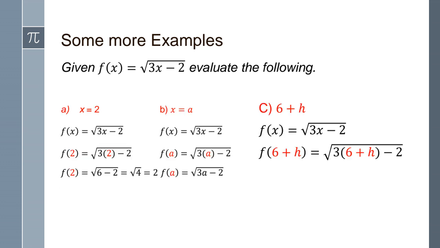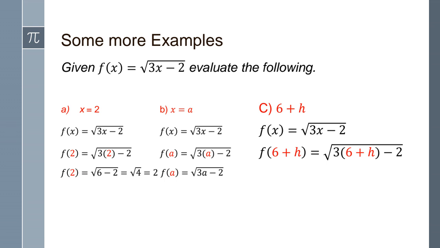The last one wants me to evaluate when x is equal to 6 plus h. Okay, so I replace x with 6 plus h everywhere I see it in the equation. So here we go. On this particular one, we have to use a little bit of our distribution property, where this 3 has to be multiplied with the 6 and with the h, every element inside that parentheses.